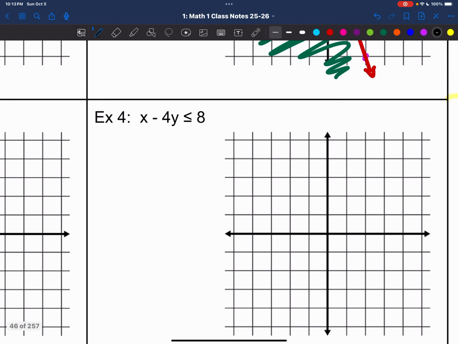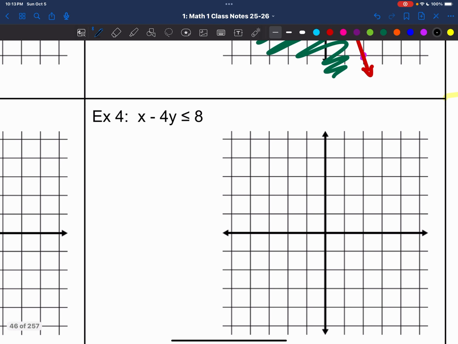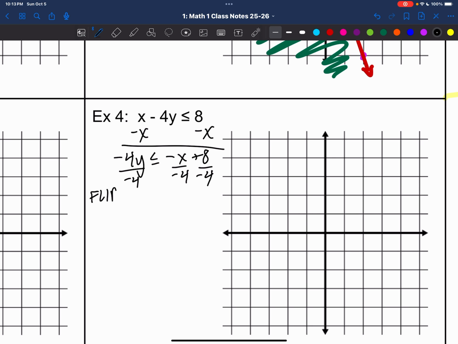And then for this one, remember you need to get it to y equals mx plus b. So we're going to subtract x, and I've got negative 4y is less than or equal to negative x plus 8, and we're going to divide by negative 4. Well, remember, whenever you multiply or divide by negative 4, we have to flip the sign.